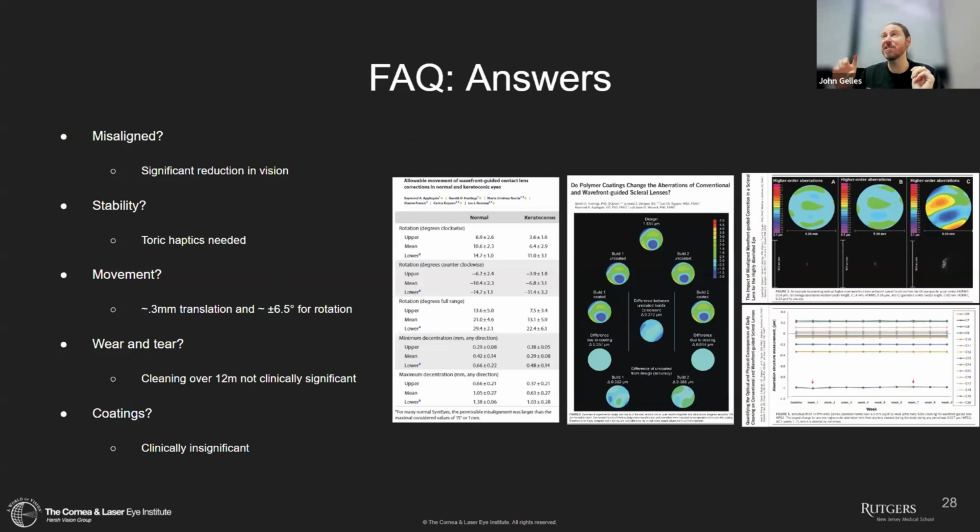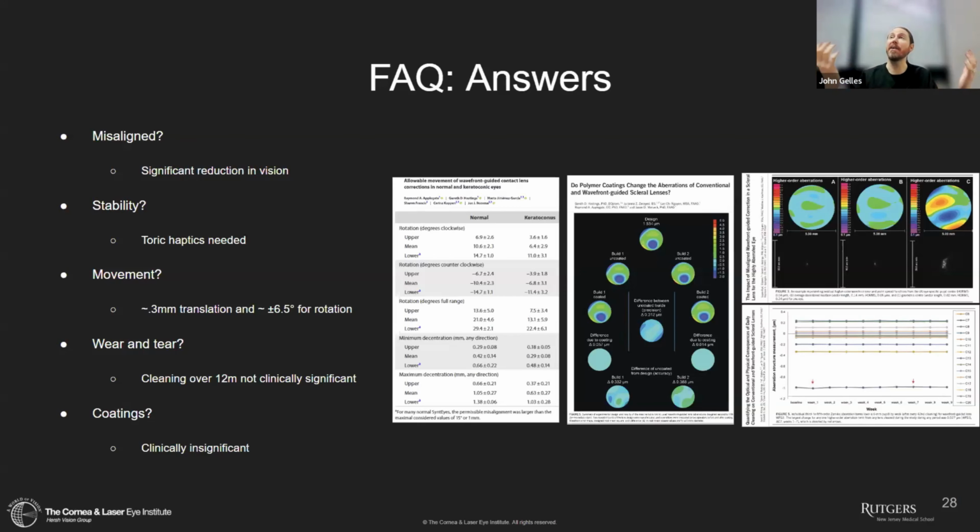And that is a very, very small amount of movement for these lenses. So really, it puts the onus on us to have much better fitting lenses for these individuals, because we know that scleral lenses can be successful with having some movement with them. But for wavefront guided optics, they need to have virtually no movement at all to be successful. So keep that in mind when you're fitting patients like this.